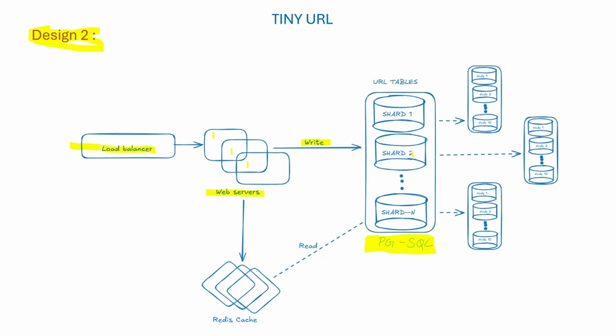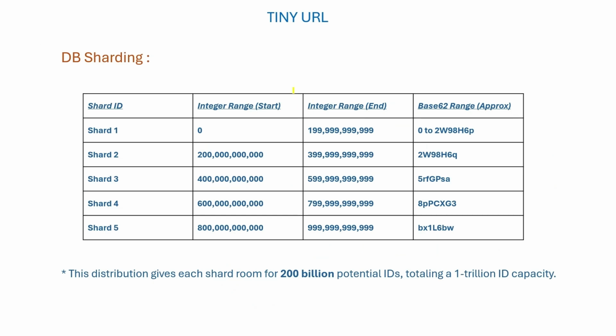So we'll be sharding the database into multiple shards, and let me show you a fairly simple calculation around the shards. Suppose we are sharding it into five different shards.